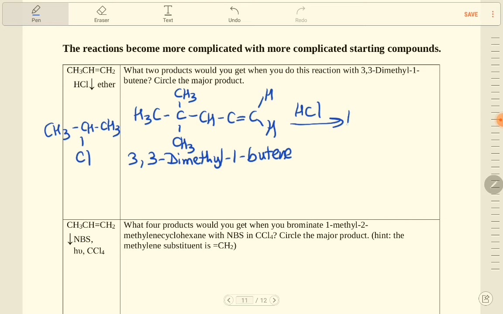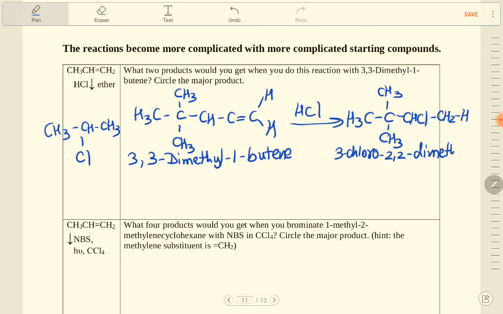You should get CH3 as tertiary, CHCl, and CH2. This is 3-chloro 2,2-dimethyl butane.